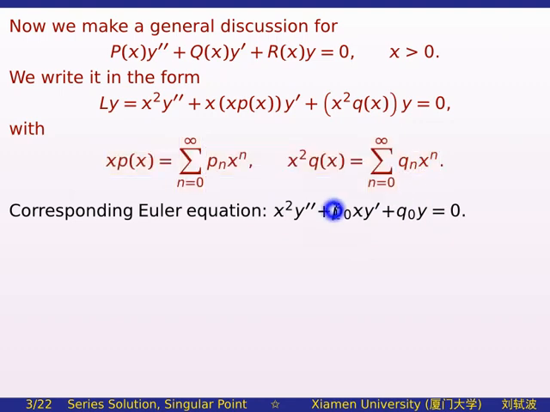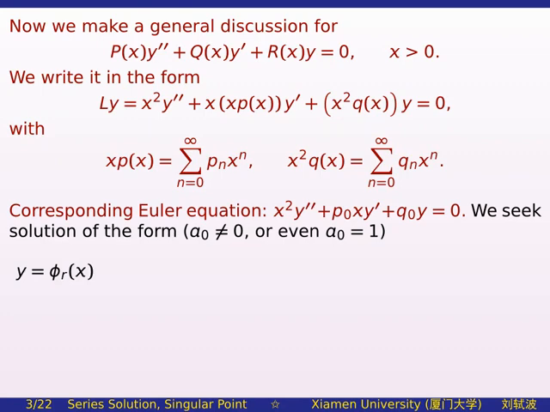That is to say, the Euler equation here is precisely the equation we considered ignoring the higher order terms, because in the power series here and here we only take the terms corresponding to n equal to 0, that is p0 and q0.